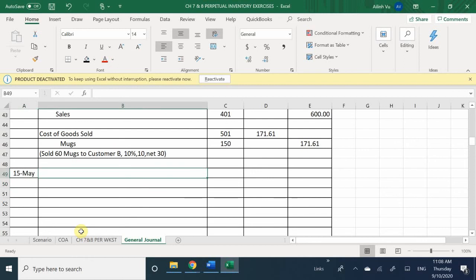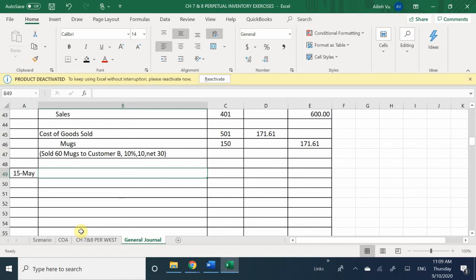How do we understand this? What kind of account is sales returns and allowances? Contra. Yes, it's a contra account. Now, what is it a contra account to? Sales. Good.